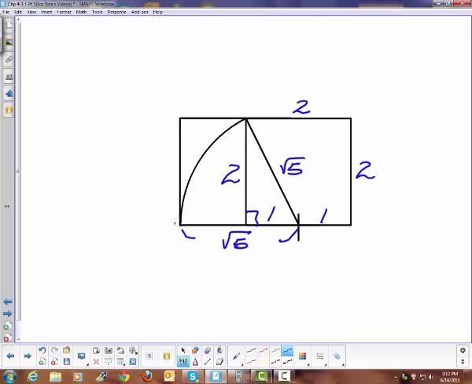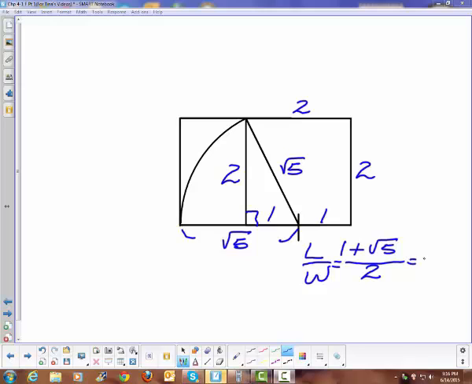So the base of this particular rectangle must be radical 5 plus 1 more, or 1 plus radical 5. And so if I take the length of the figure and divide it by the width of the figure, which of course is 2, the distance from here to here, I get something that looks very familiar.